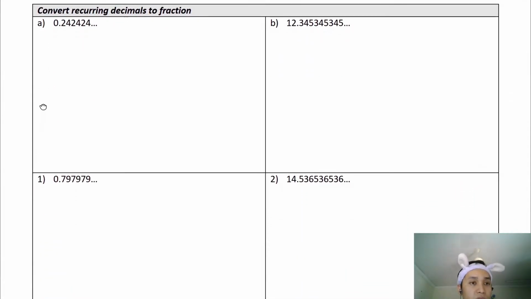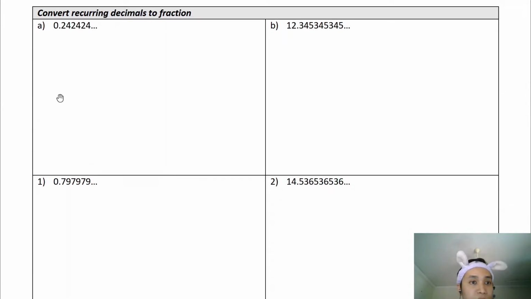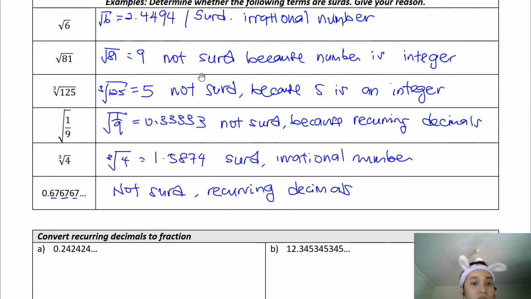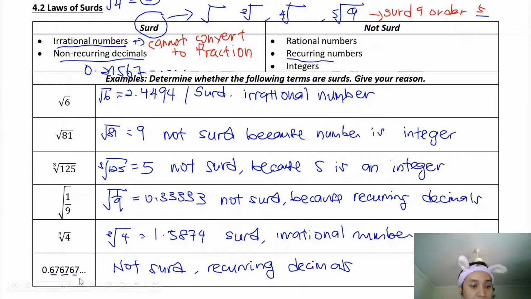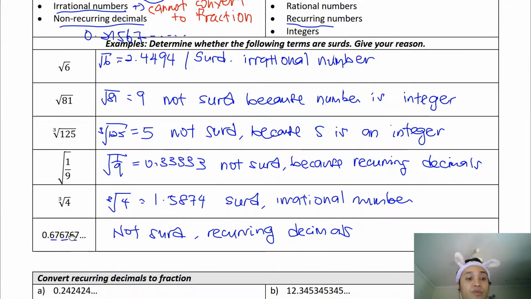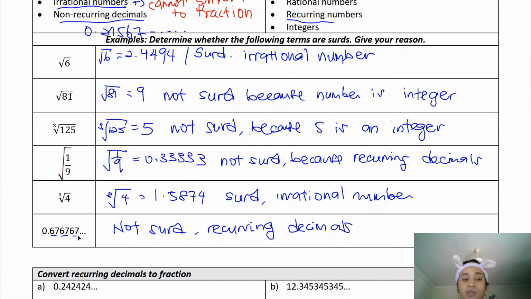Alright, so in your syllabus, they will require you to learn how to convert recurring decimals to fractions. Now, when we say this is not a surd because of recurring decimals, it means this is actually a rational number, meaning you can convert it into a fraction. But how can we convert this into a fraction?